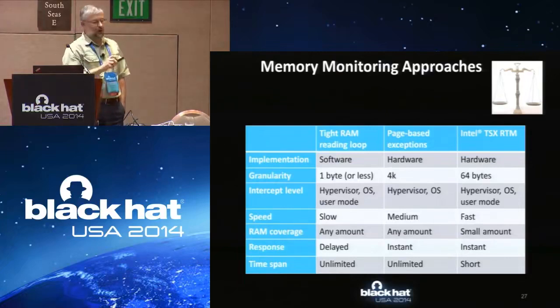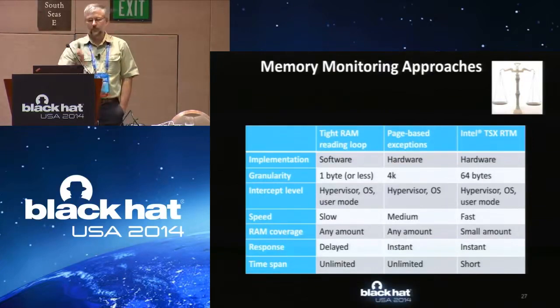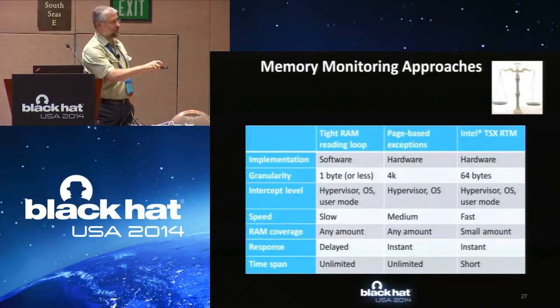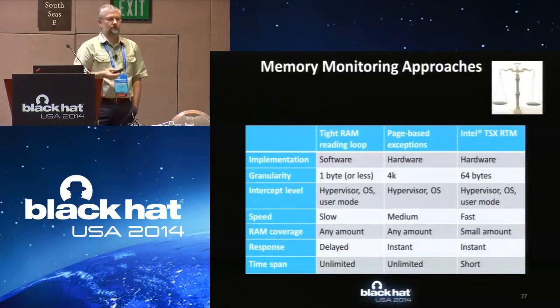To run these, the tight memory loop can run anywhere, hypervisor, operating system, in user mode. Page-based stuff can only be written in hypervisor or the operating system, but transactional system can be used anywhere. You can use it from user mode.